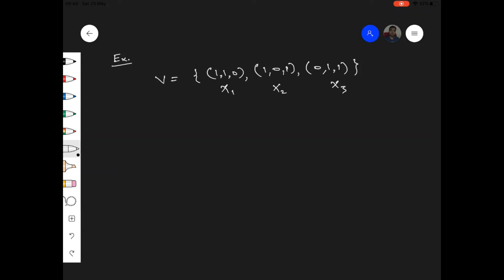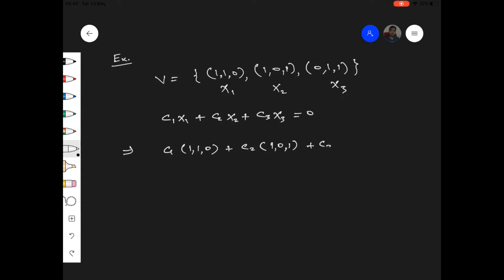Now let us write its linear combination and equate it to 0. Let's put the values of x1, x2 and x3 here. So it is going to be c1 times 1 1 0 plus c2 times 1 0 1 plus c3 times 0 1 1 equal to 0.